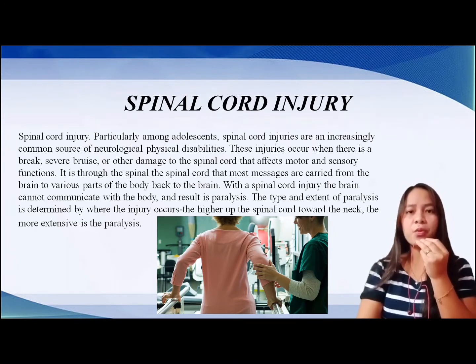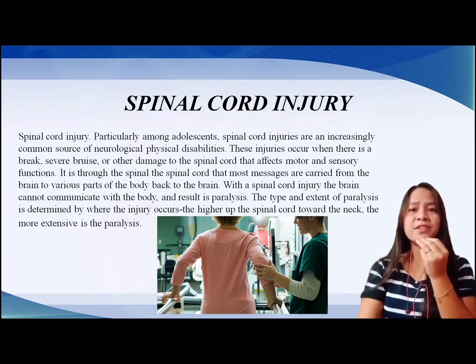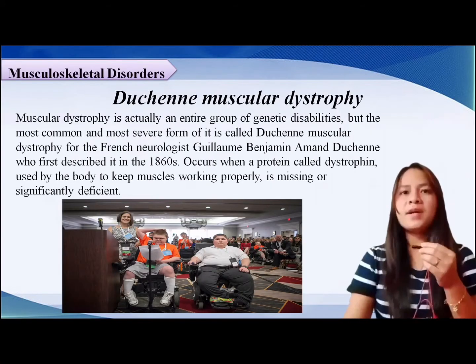It is through the spinal cord that most messages are carried from the brain to various parts of the body and back to the brain. With a spinal cord injury, the brain cannot communicate with the body, and the result is paralysis. The type and extent of paralysis is determined by where the injury occurs. The higher up the spinal cord toward the neck, the more extensive is the paralysis.